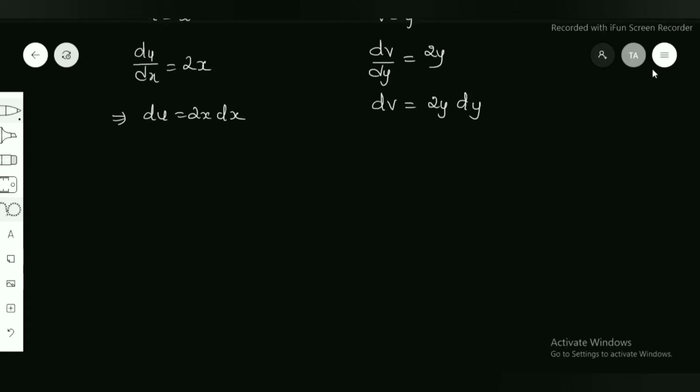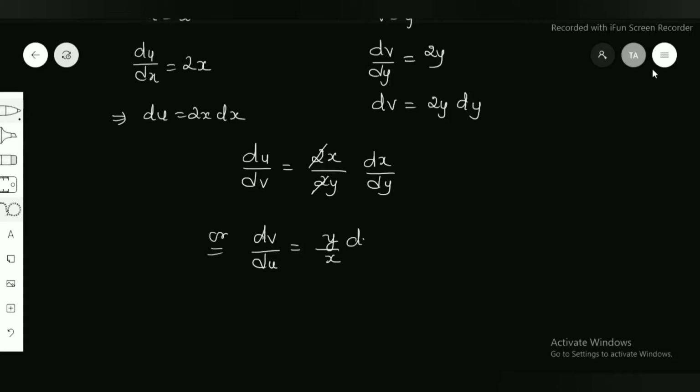Divide them both, we get dv/du = (2y dy)/(2x dx). The 2 will get cancelled, so we can write dv/du = (y/x)(dy/dx).